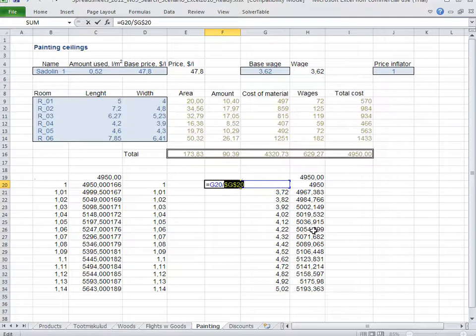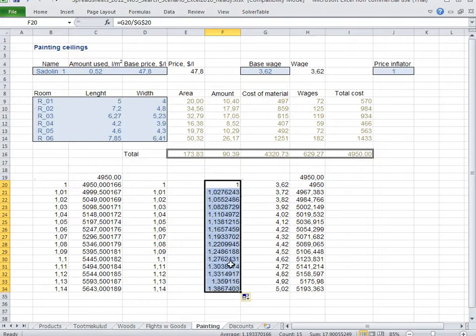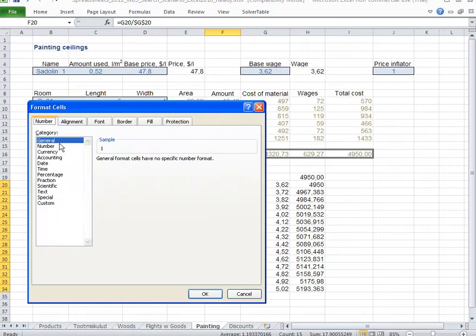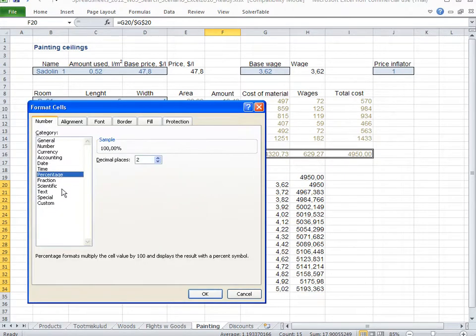At first it's 1, and when we copy it, we see the different percentages by how much our wage has gotten higher. We can actually even select it, do a Control 1, and turn it from number into a percentage, so that we nicely see that it goes up.